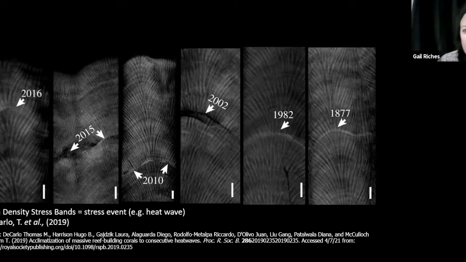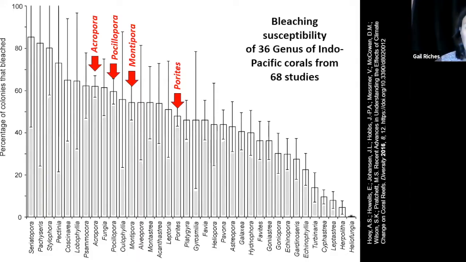And so basically you can have a look at your coral core samples, identify where the stress bands are in relation to the years that you identified as the growth rings, and that is evidence of a stress event for that particular coral. Which is great when we don't have records that stretch way back.